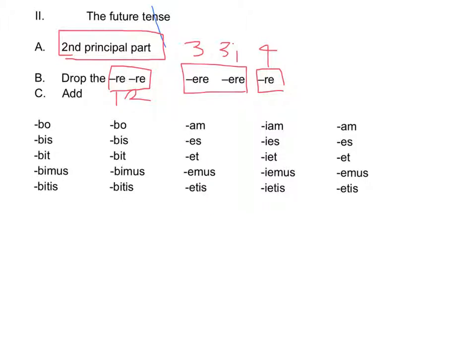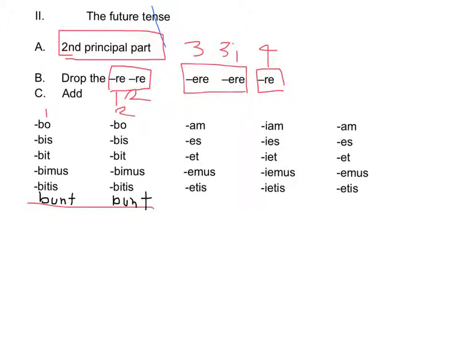Then, for the first conjugation and the second conjugation, you add bo, bis, bit, bimus, bitis, bunt. B-U-N-T. There's that U-N-T again.